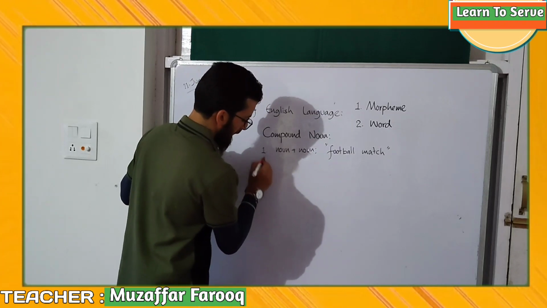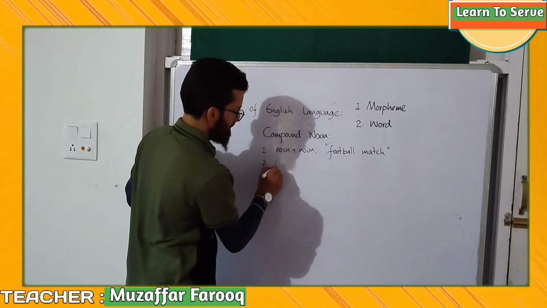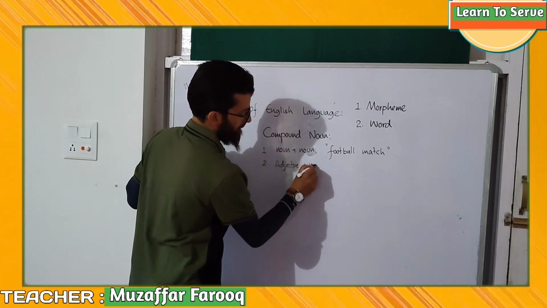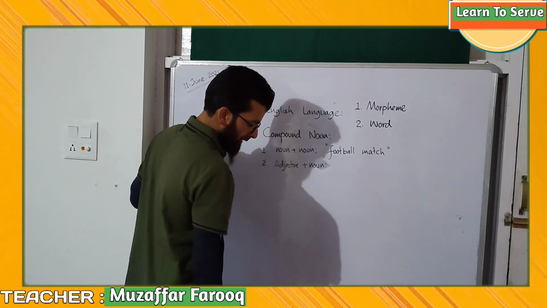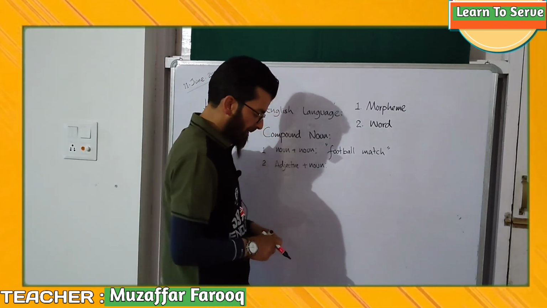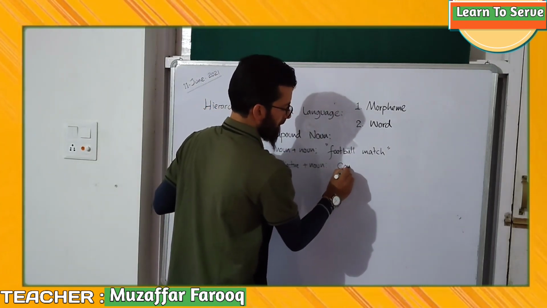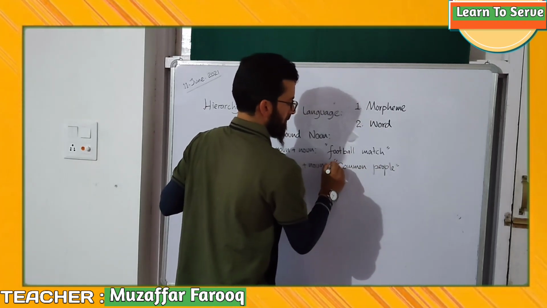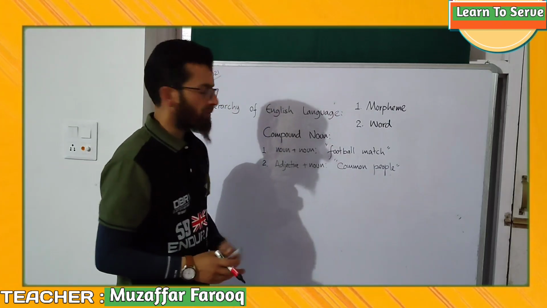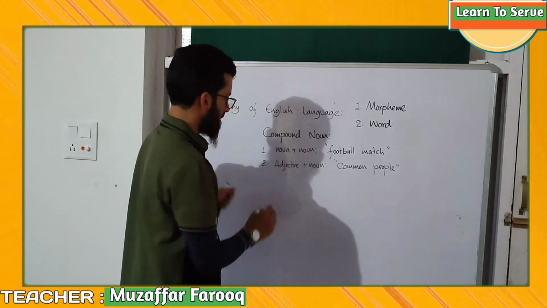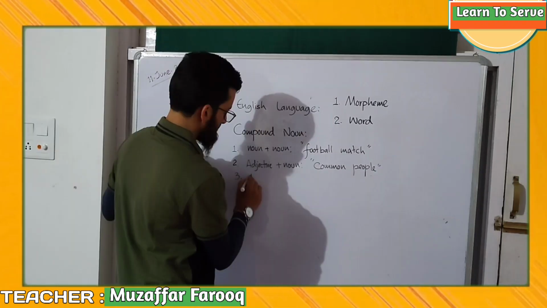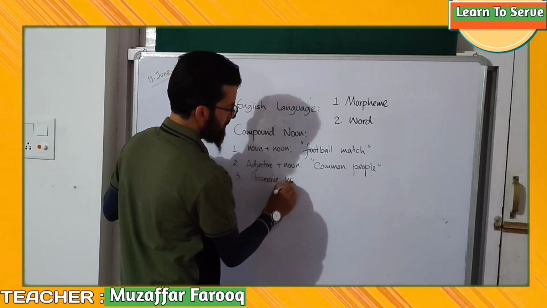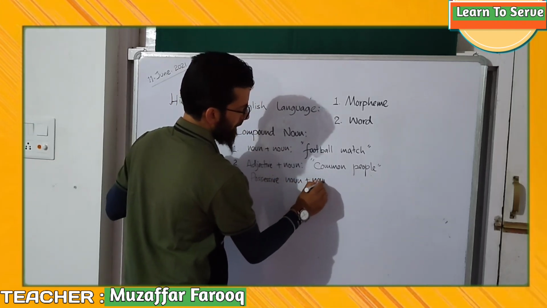Second category, we have adjective plus noun. When we have adjective plus noun, we have common people. This is another compound noun formed by an adjective and noun. Third, possessive noun plus noun.